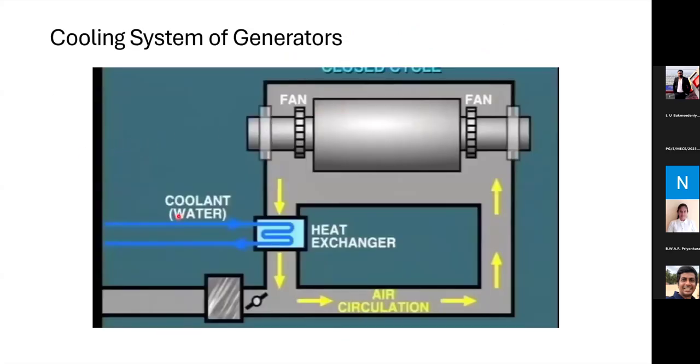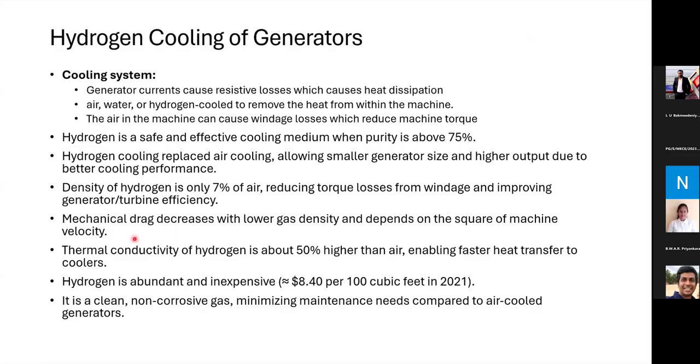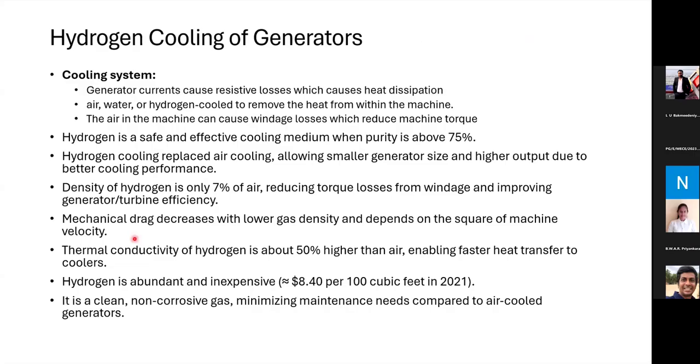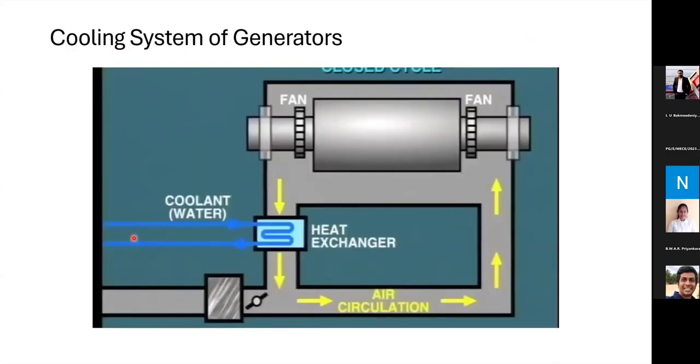After that, you have the cooling systems. Because of the heating, the generator needs cooling. The heat happens due to the conducting elements on the windings of the rotor as well as the stator windings. The air inside the generator becomes very high in temperature.